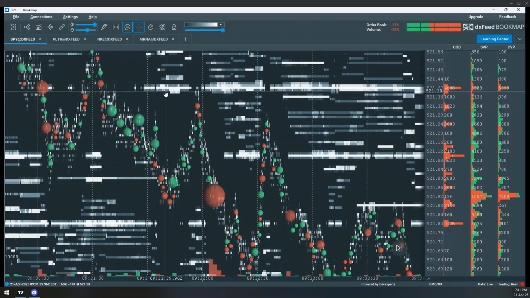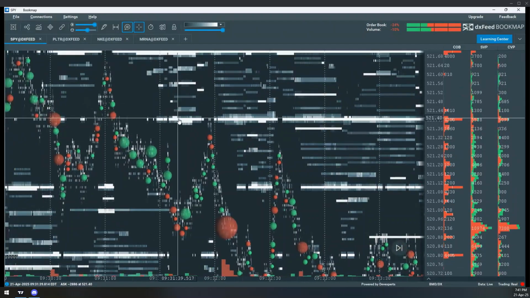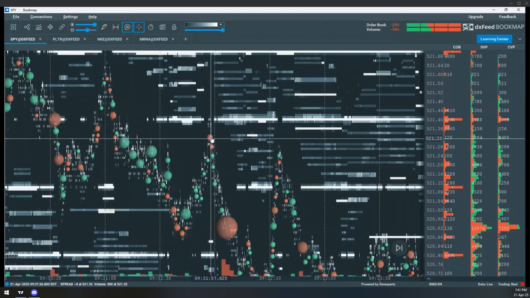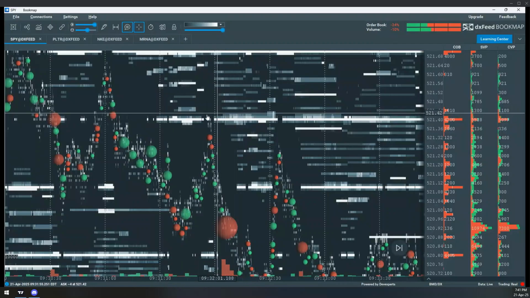If I know there's a large order, as you see, over 3,000, put two more zeros on it, so that's over 300,000, sitting right here, I know I'm going to ride it down, and about here I'm going to scale out. And I'm going to ride it back up, because I know there's resistance right here of sellers.